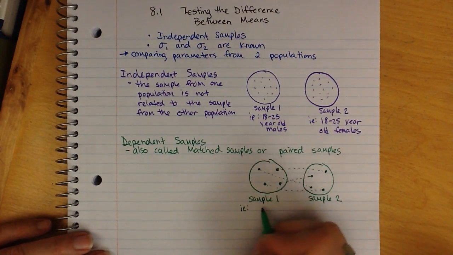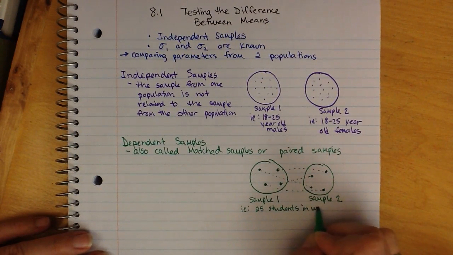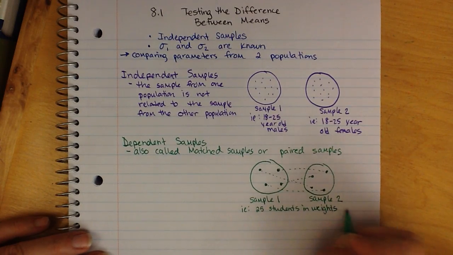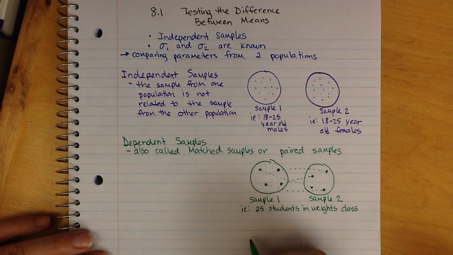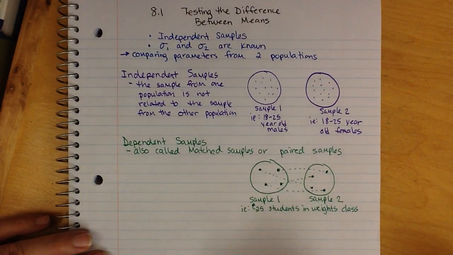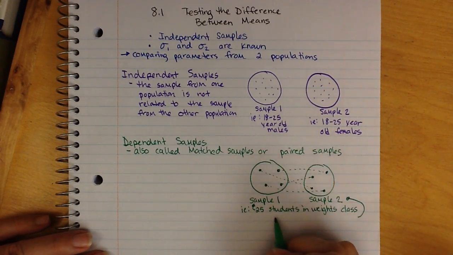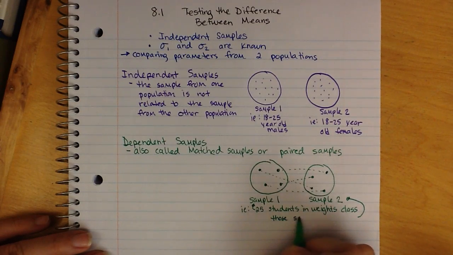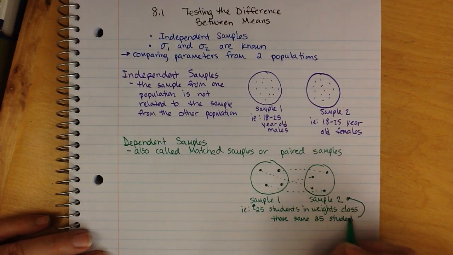For example, if we had 25 students in weights class, sample 1 could be those 25 students in weights class. Sample 2 could be those same 25 students 6 months later.